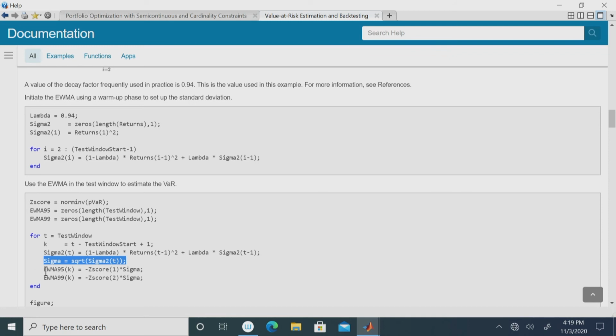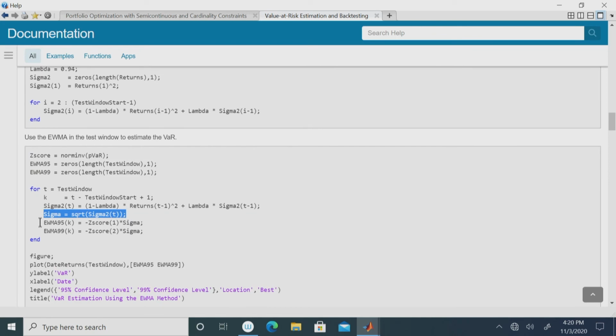Then the value at risk using the EWMA method at the 95 and 99% levels is simply the minus of the z score for both cases times the sigma that you have estimated using the EWMA method, and this gives you the value at risk.